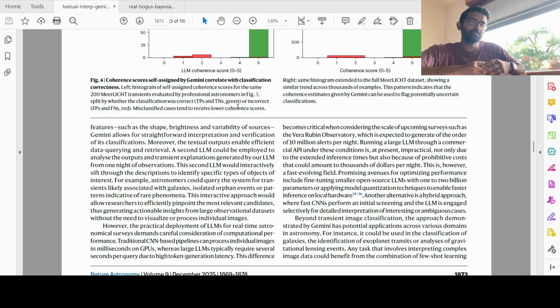Before going into that, let's think about it. Let's say I have a simple convolutional neural net with 1 million parameters. But if I compare that with Gemini, with billions of parameters, 100 billion parameters, of course, during the test time, to parse this image and get the corresponding textual interpretation, it would take way longer. And one of the biggest telescopes currently operating right now is the Vera Rubin Observatory, LSST telescope.